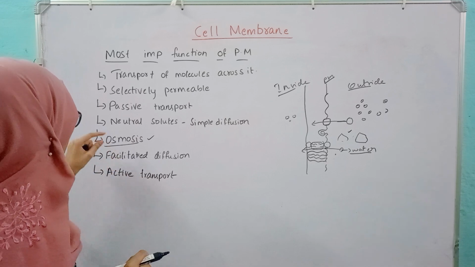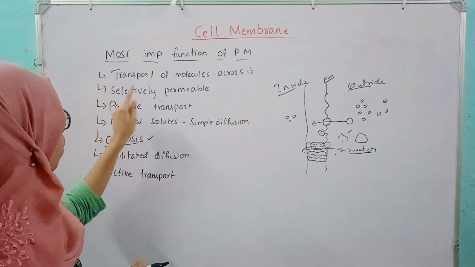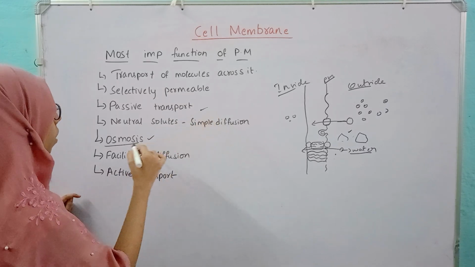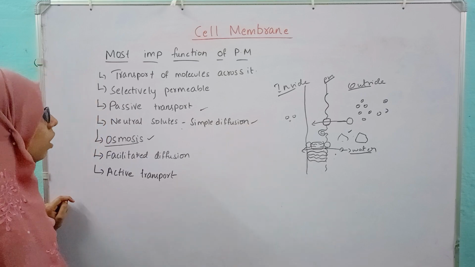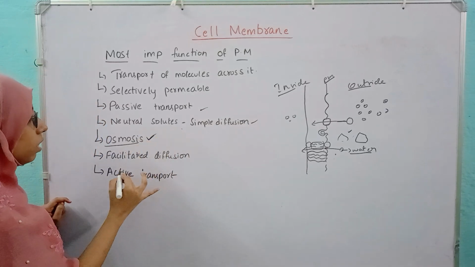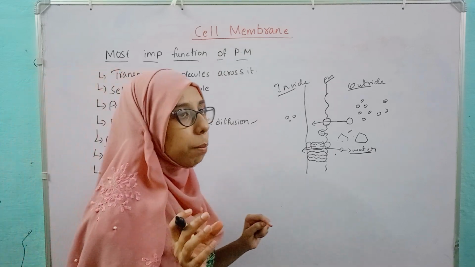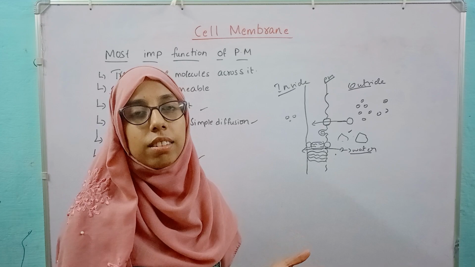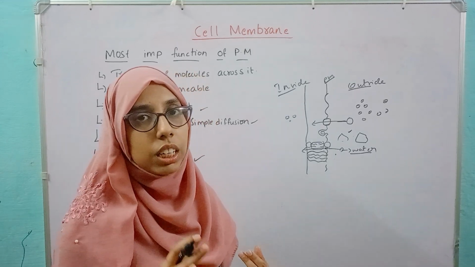Till now we have studied transport. Why is the plasma membrane called a selectively permeable membrane? What is passive transport? How neutral solutes pass through simple diffusion. Then we looked at osmosis. Facilitated diffusion I have also explained: if a carrier protein is involved and the protein facilitates the diffusion of the molecule, then such a type of diffusion is called facilitated diffusion.